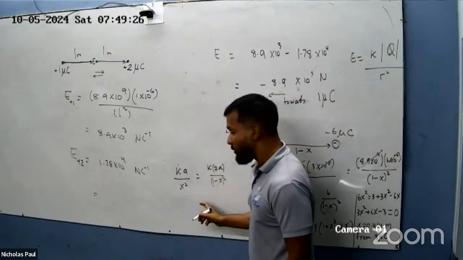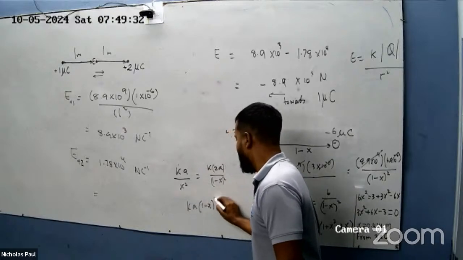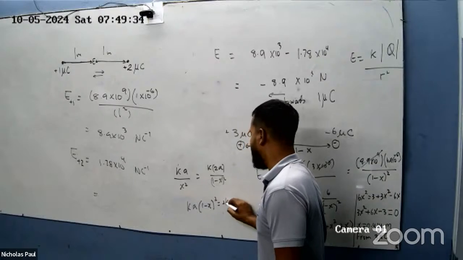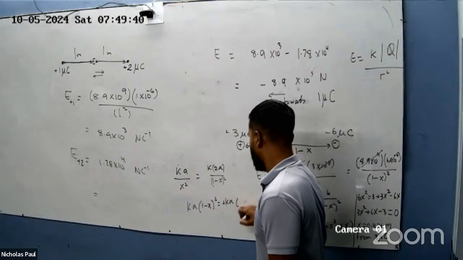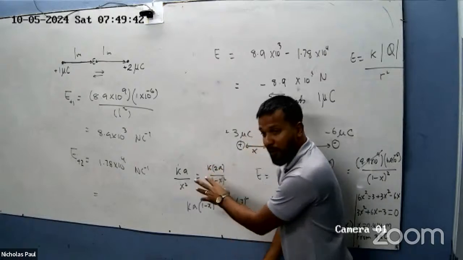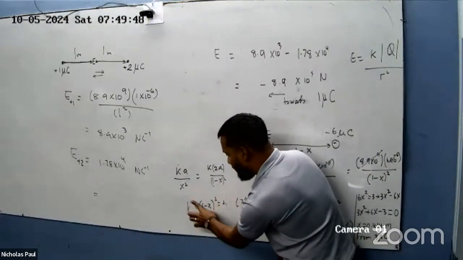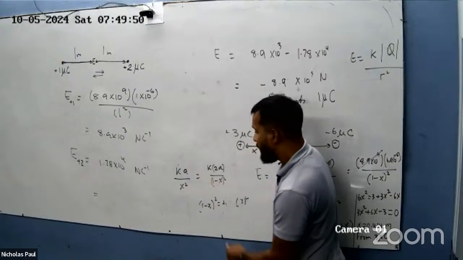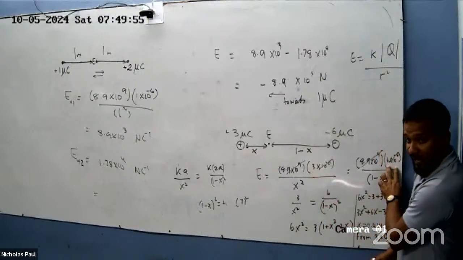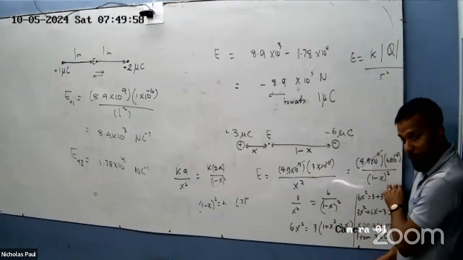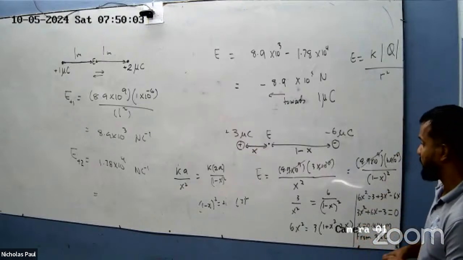And that's cross multiplying. I just cross multiply. If I bring K across here, then I'll cancel off. I didn't write the units, but if I carry this across here, I will get 6 and 3, and the units cancel.